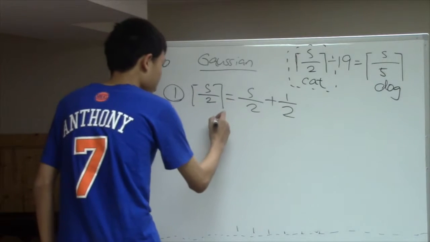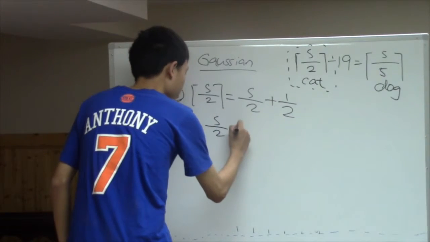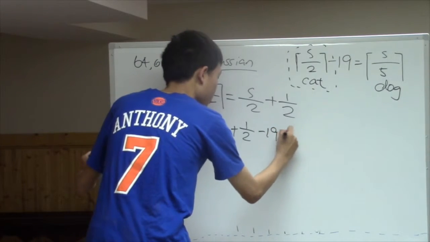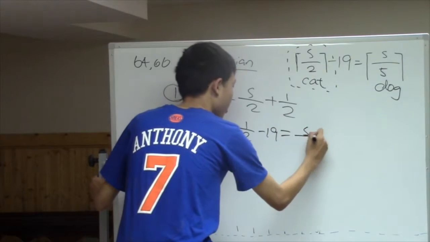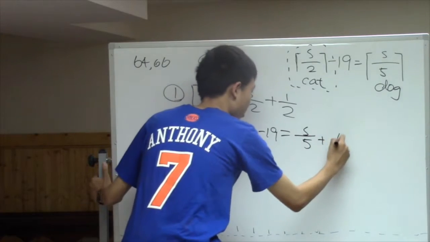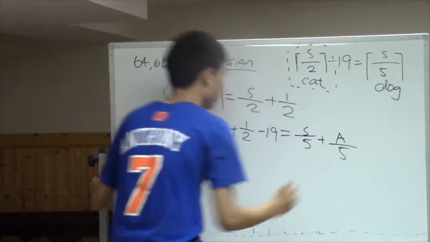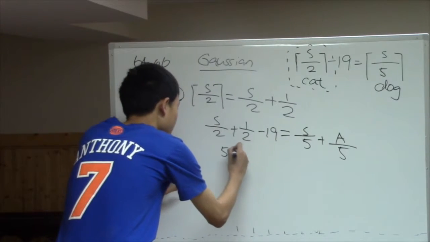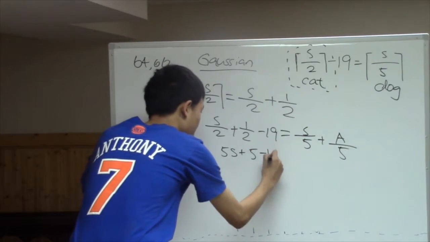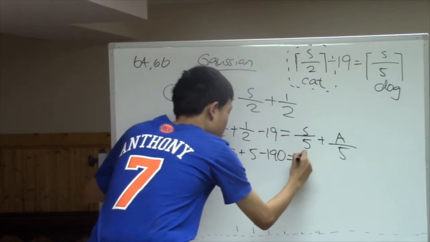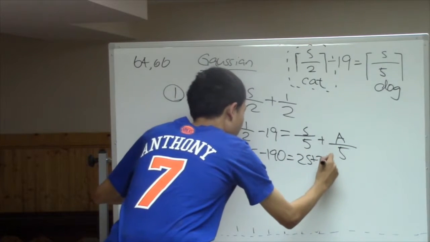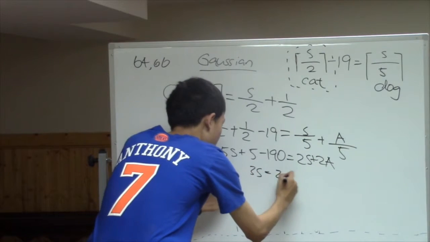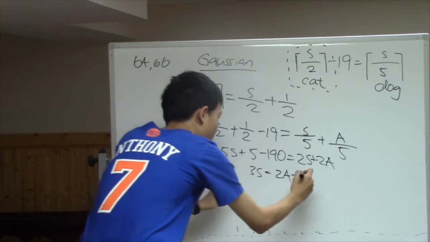So this equation becomes S over 2 plus 1/2 minus 19 equals S over 5 plus A over 5 as before. Then multiply everything by 10, and you get 5S plus 5 minus 190 equals 2S plus 2A. Again, we move the S's to this side: 3S equals 2A plus 185.